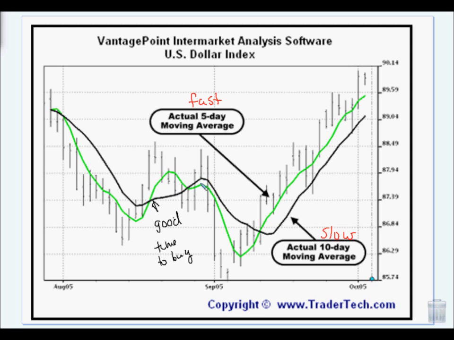That might have been a good time to get out. But then we come back here and the fast is overtaking the slow again. And as you can see, we've got a trend now where it's continuing to rise. This right here would have been an excellent time to buy, because we've got the fast crossing over and then a continued upslope.